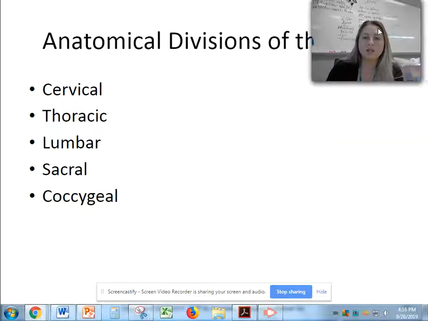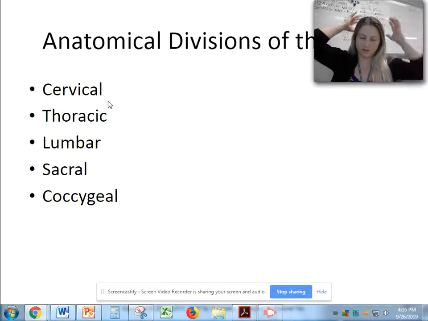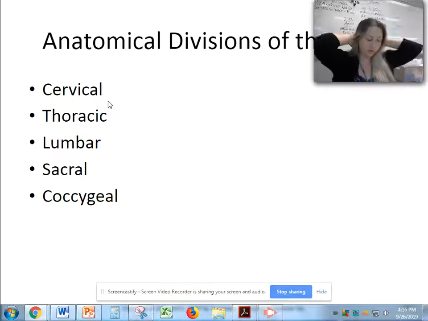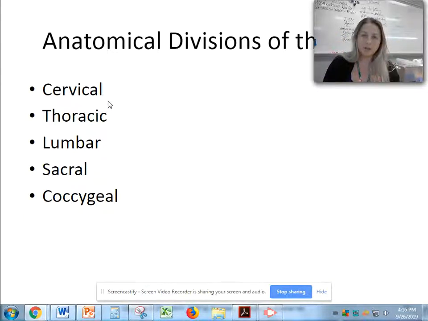Anatomical divisions of the back. So at the very top of your spine, right, your head sits on your spine. So your neck, right, you have 7 cervical vertebrae. That's your neck. Then you have your thoracic, which are the vertebrae that align with your thoracic cavity. And you have lumbar.